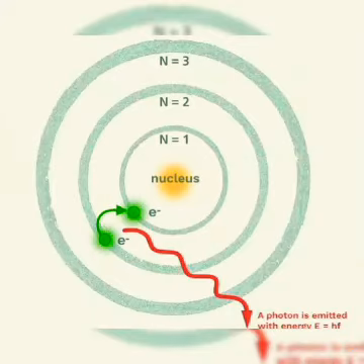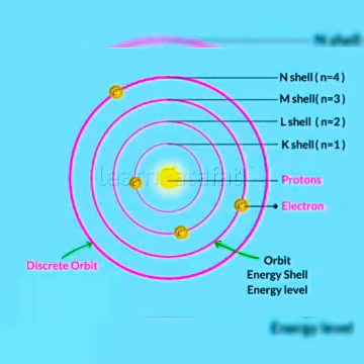Recall that the maximum number of electrons that can be accommodated in a shell depends on the formula 2n square, where n is the number of the given shell from the nucleus. So, if n is equal to 1, in the first shell we can accommodate 2 electrons, second shell 8 electrons, third shell 18 electrons and fourth shell 32 electrons.